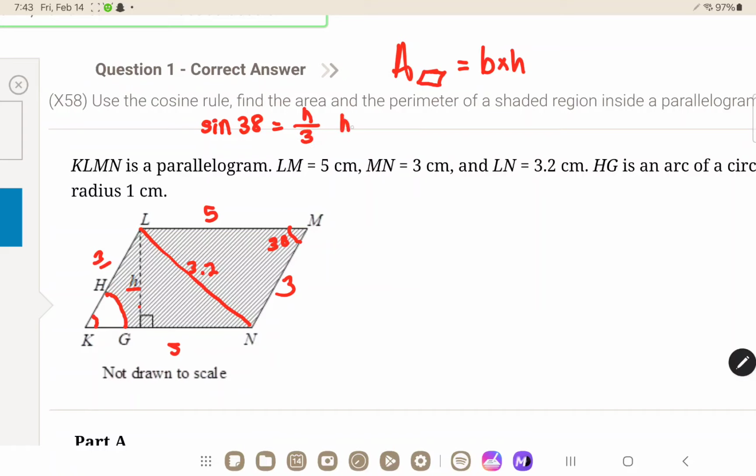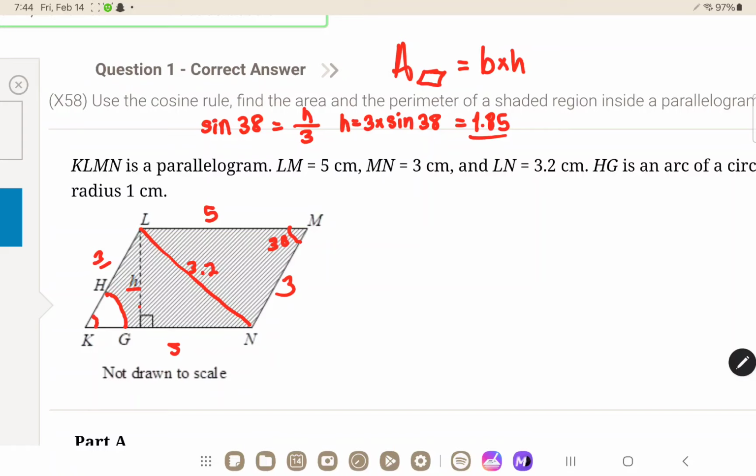So h equals 3 times sine 38. Let me do it in my calculator really quick, 3 times sine 38. You're going to find an answer like 1.85, okay? That's what we're going to get as our answer, or something like this, rounded.